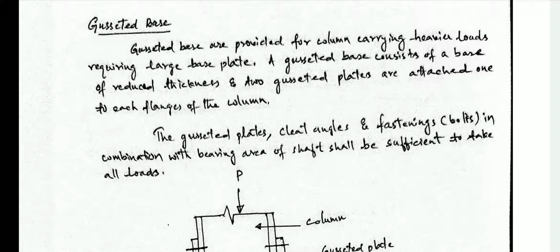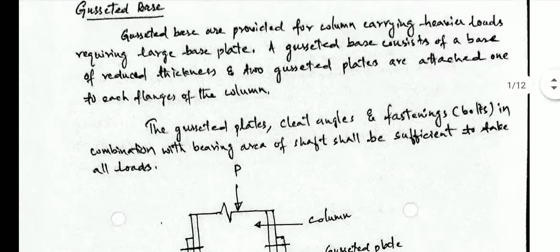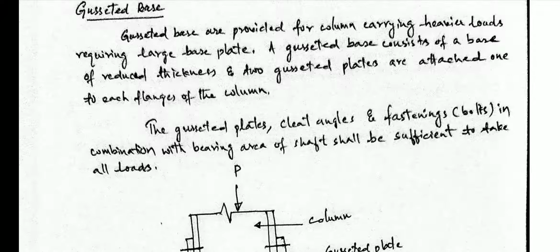Mostly it has two cover plates, then the gusset plate, then the gusset angle, and lastly we design the base plate. So we design three different elements: the gusset plate, the gusset angle and the base plate.